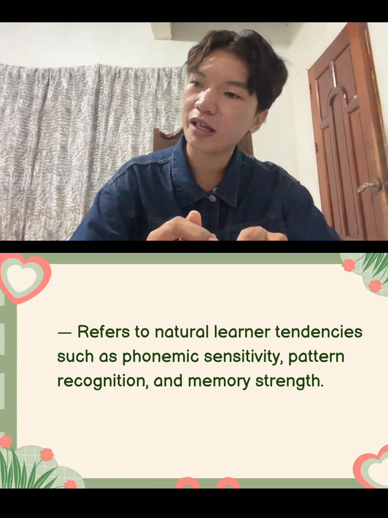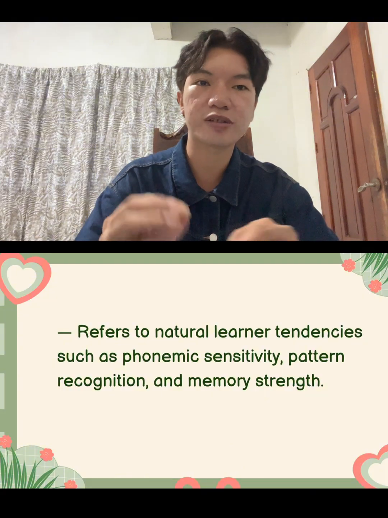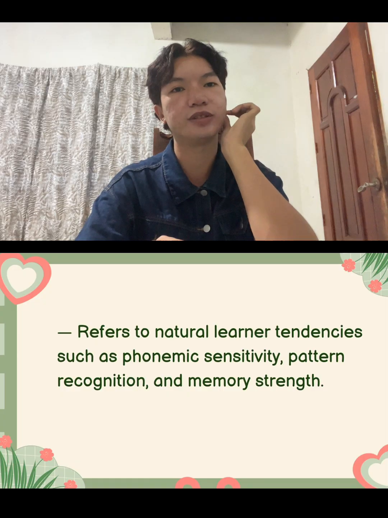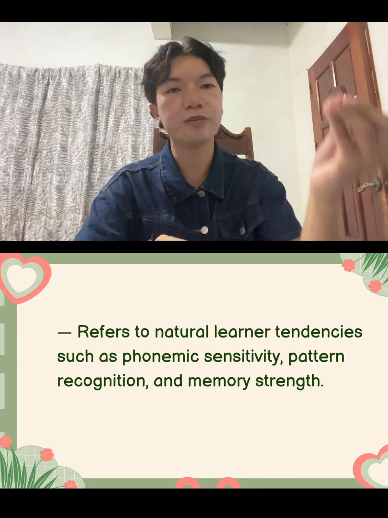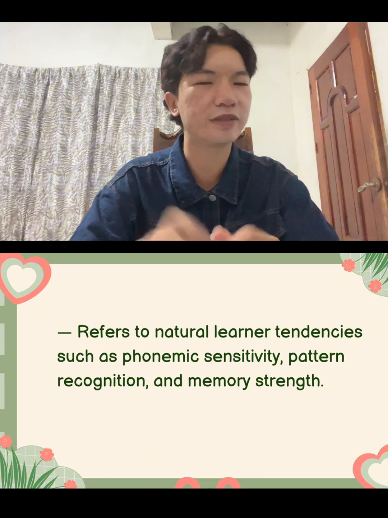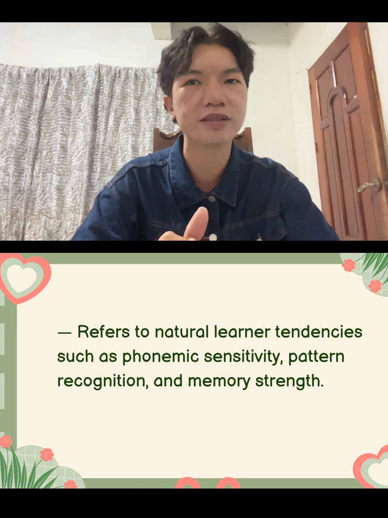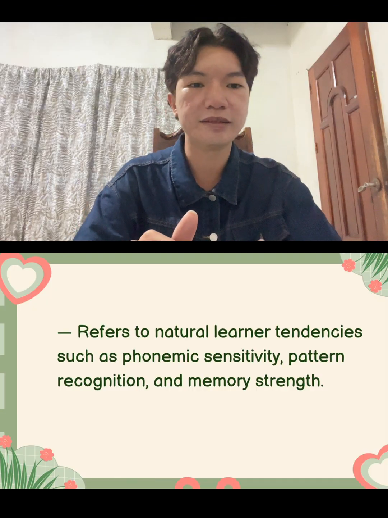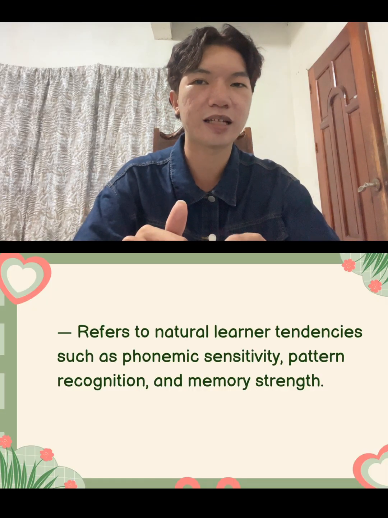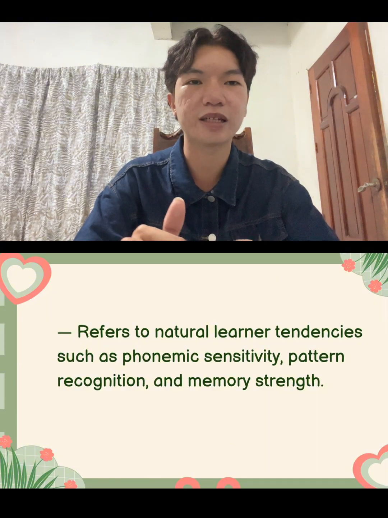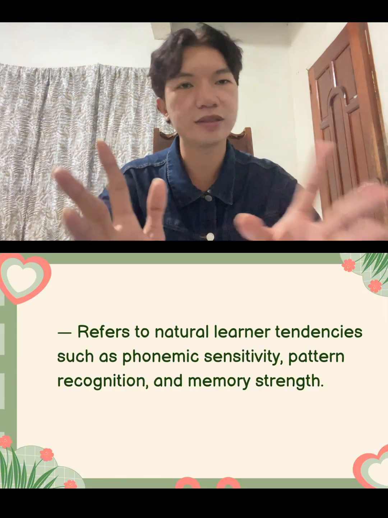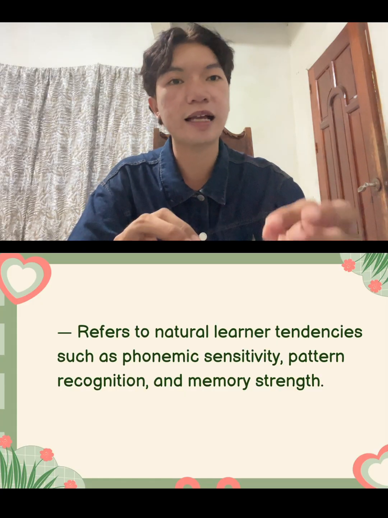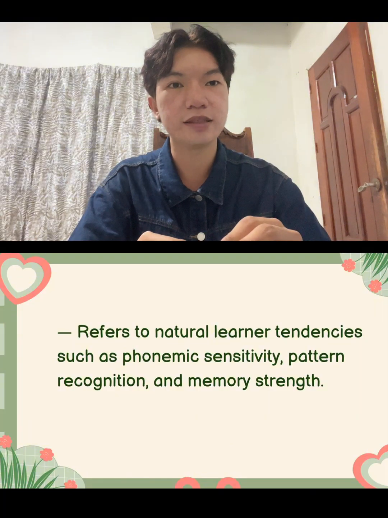Some students may have certain natural skills like phonemic sensitivity, like a student who can really recognize different sounds and discriminate them phonologically. And some students naturally have other skills. So that adds towards listening comprehension.